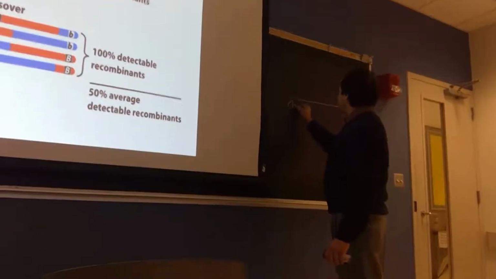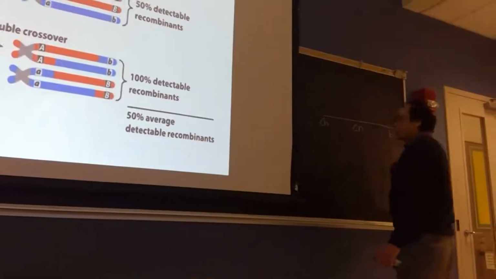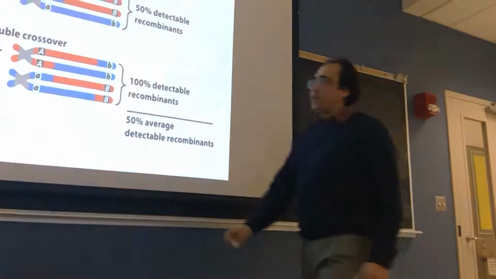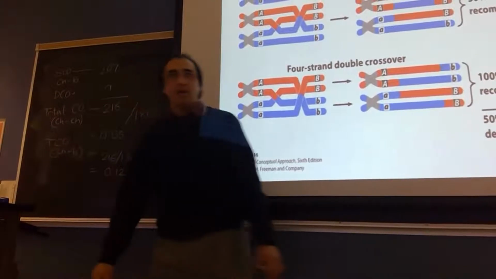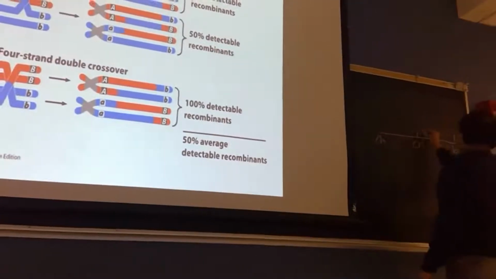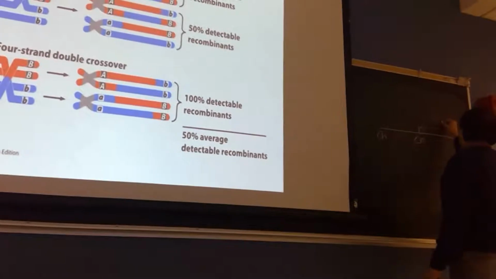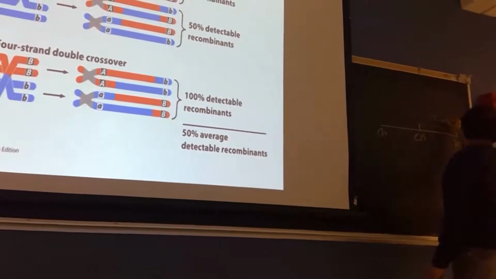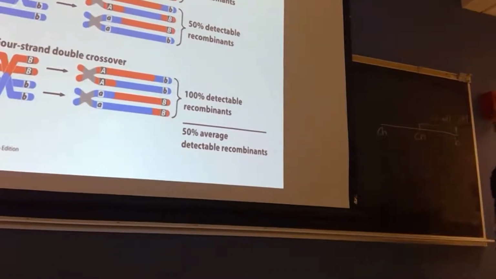First one is CH, in the middle Cn, and here is P. The distance between Cn and P is 0.12, or that is 12 map units, or you can say 12 centimorgan.